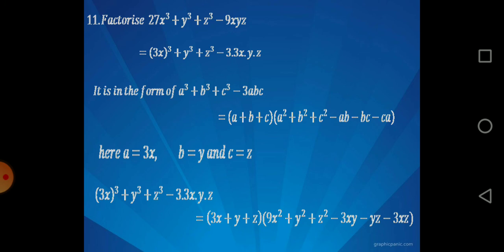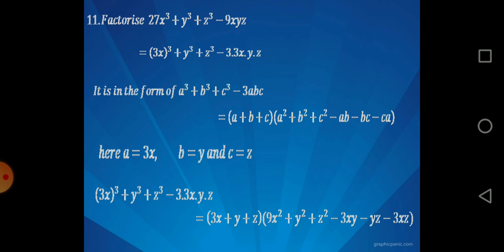Y cube is y whole cube. Z cube is z whole cube. So here a is 3x, b is y, c is z. So minus 3abc term becomes minus 3 of 3x into y into z, which is 9xyz. Yes, that is there in the question.